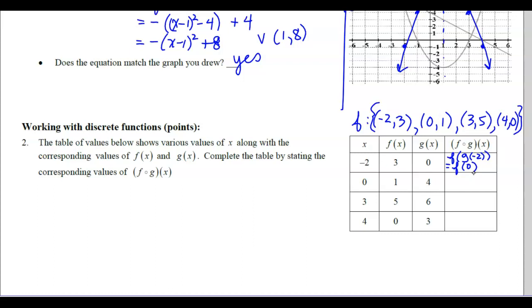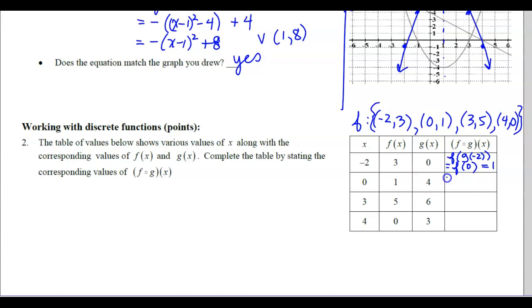So we have to look when x is 0, what's f? That's 1. So start out within the same row, but then sometimes you have to move to a different row. If you find that confusing, then write out the sets as ordered pairs. And do it like we did today's first question.